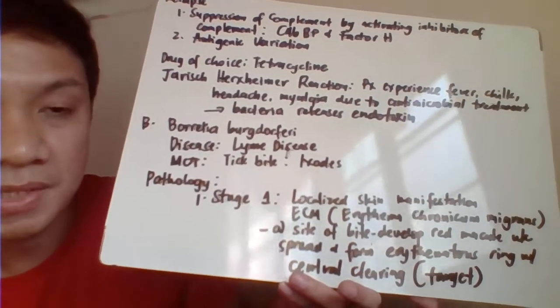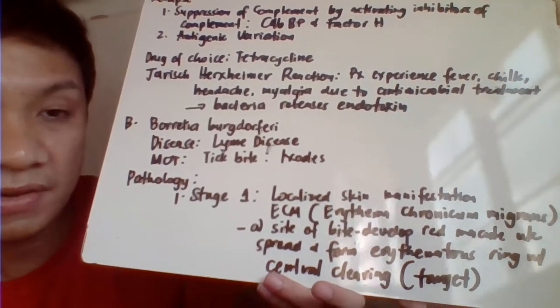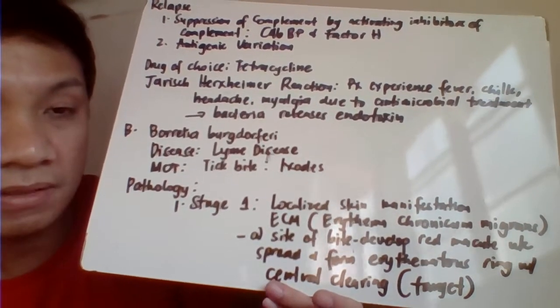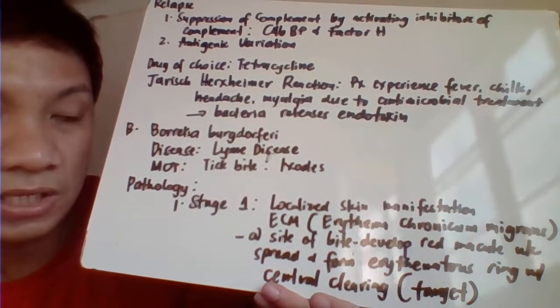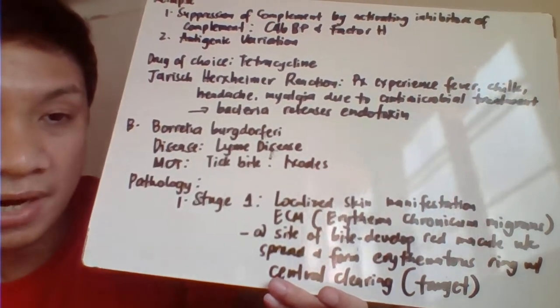The next species of Borrelia is Borrelia burgdorferi, the causative agent of Lyme disease. This one is also transmitted by the bite of a tick belonging to the genus Ixodes. We have three stages of Lyme disease.